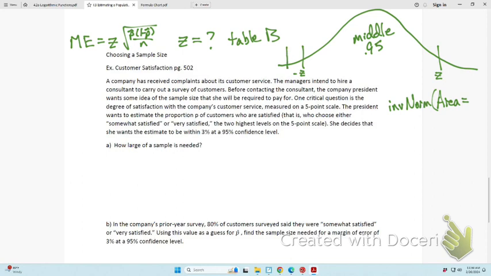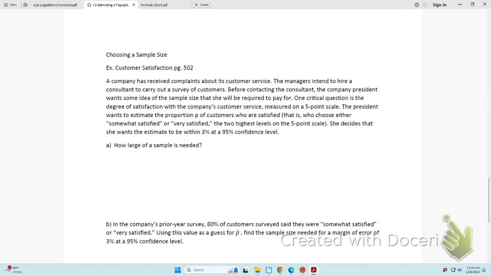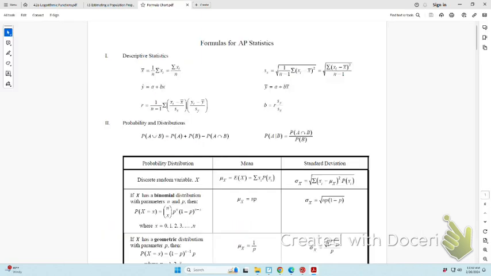This area right here is .025. So if you type in .975, that'll give it to you. So if you type in that, you're going to get a z-score of 1.96. But let's just use the formula chart. Go to the formula chart, flip to table B.